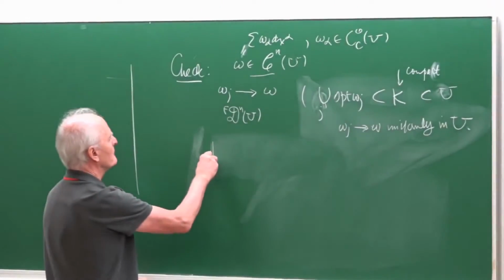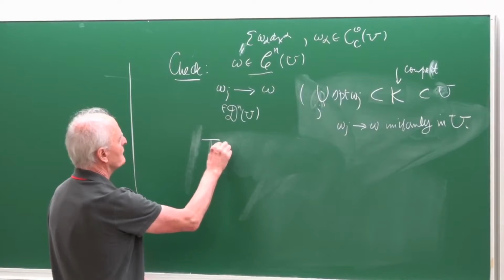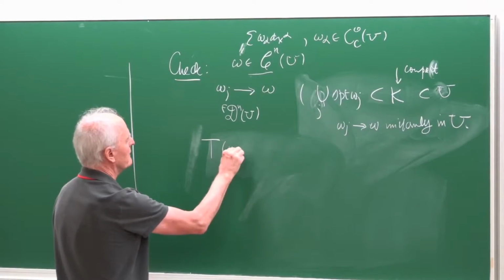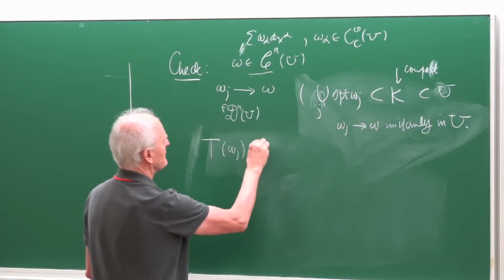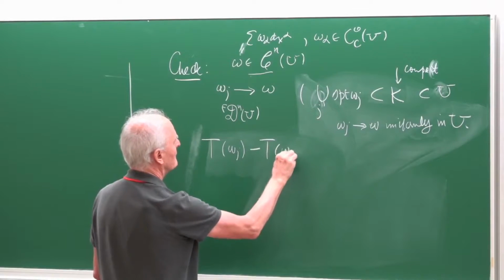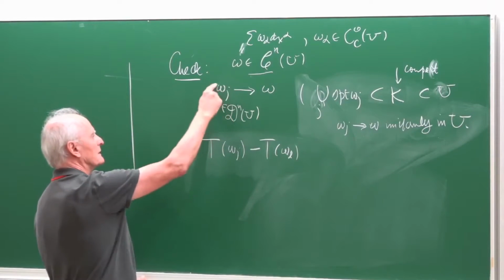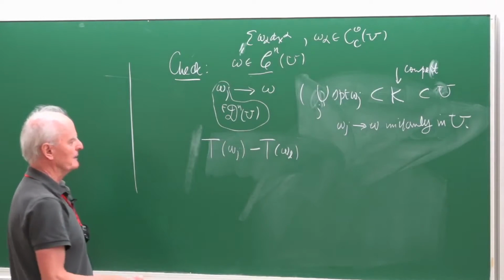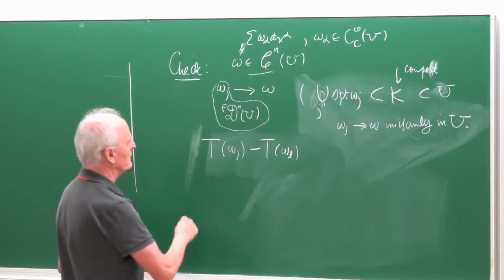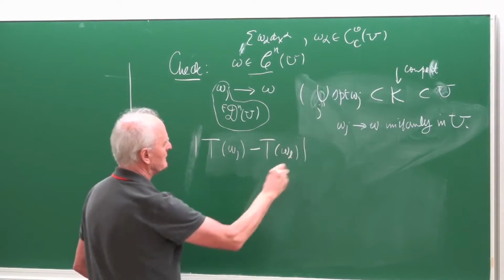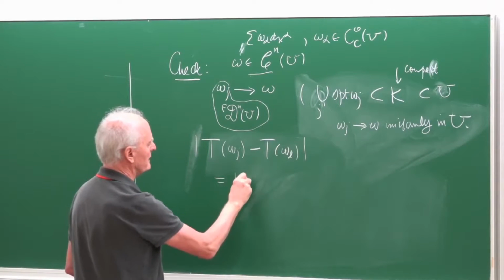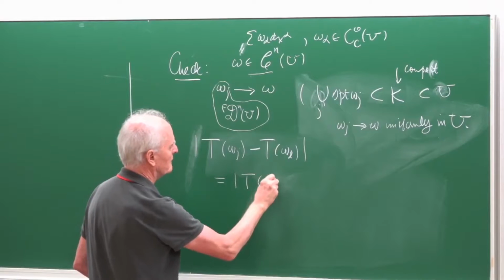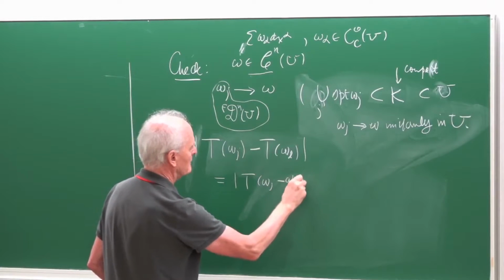Because notice that T of omega_j minus T of omega_L makes sense because this sequence is in D^n(U). So we know that, but T is linear, so this is the same as T of (omega_j minus omega_L).